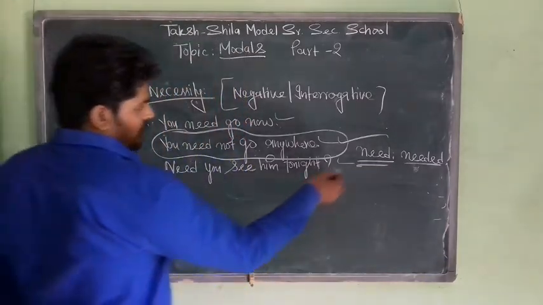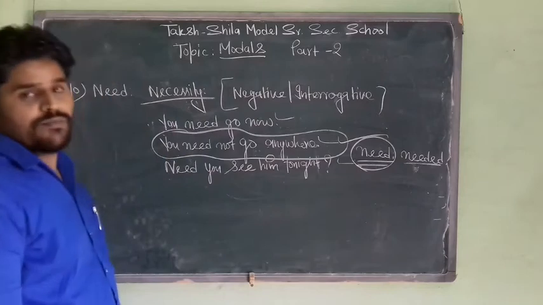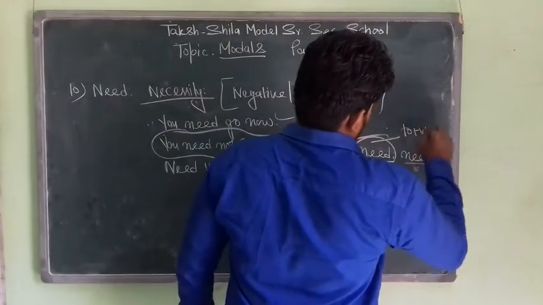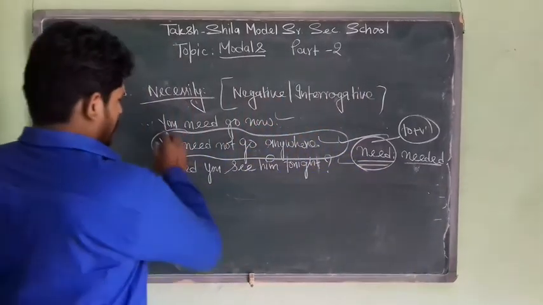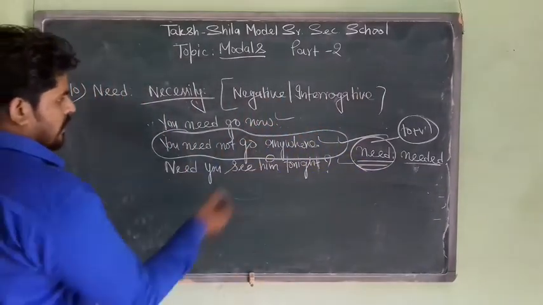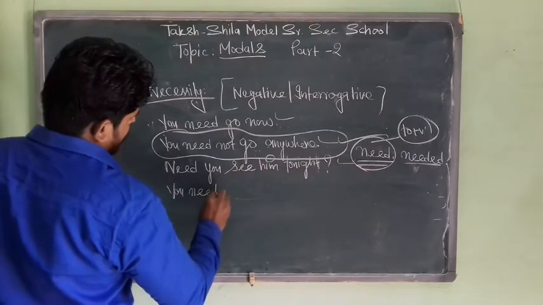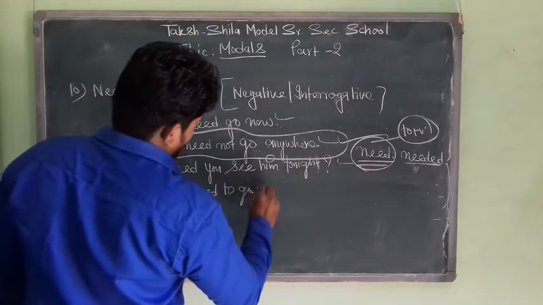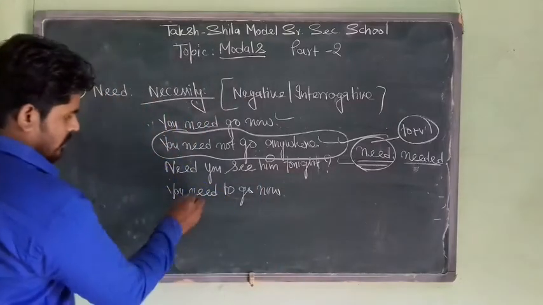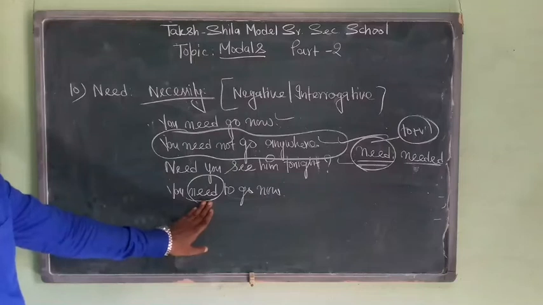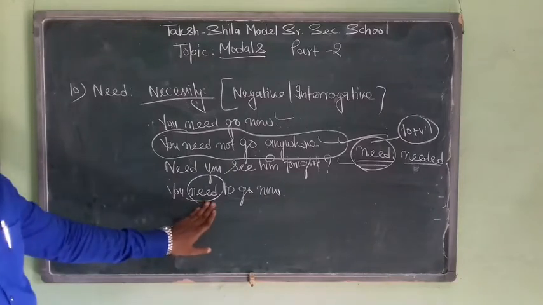So when we use need as a main verb, we always use the infinitive form of the verb with it. For example, I say you need go now. I will say you need to go now. When I say you need to go now, this does not remain a modal auxiliary verb here. This becomes a main verb, right?